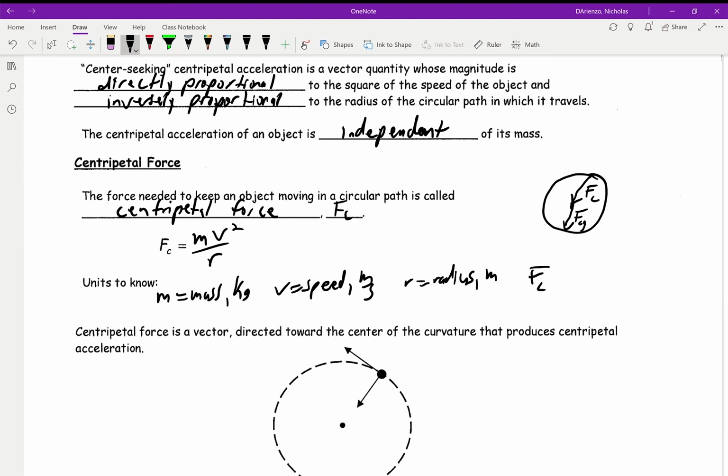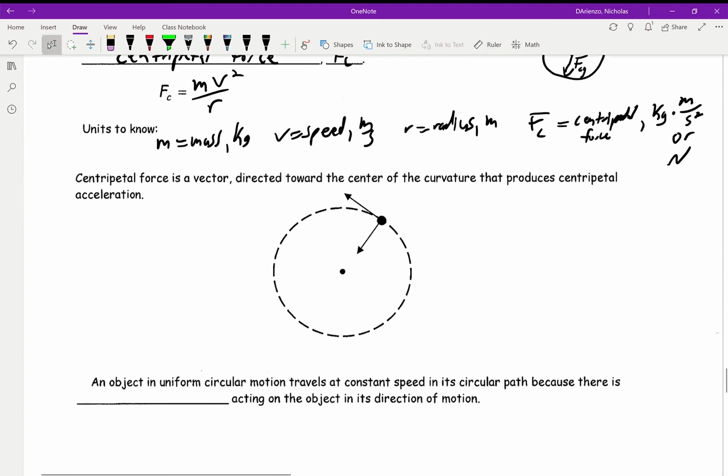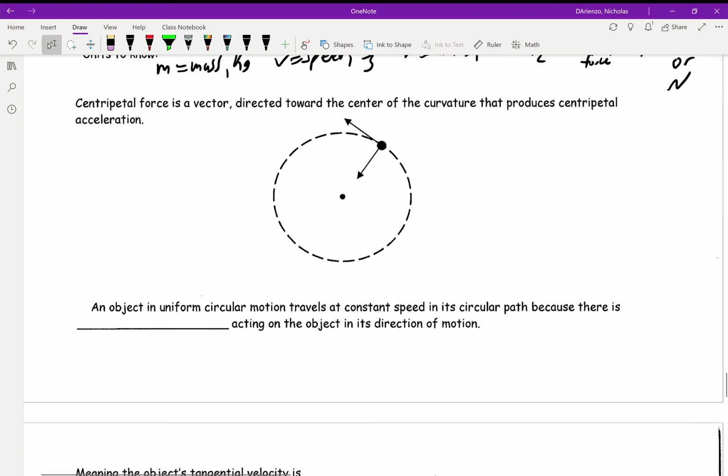And our centripetal force is represented in kilograms times meters per second squared, which we also call a Newton. So you'll see both of those depending on the application of the problem.